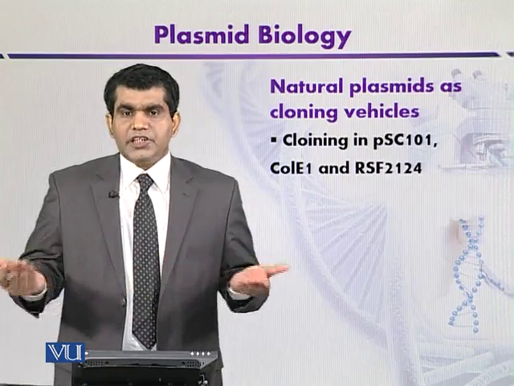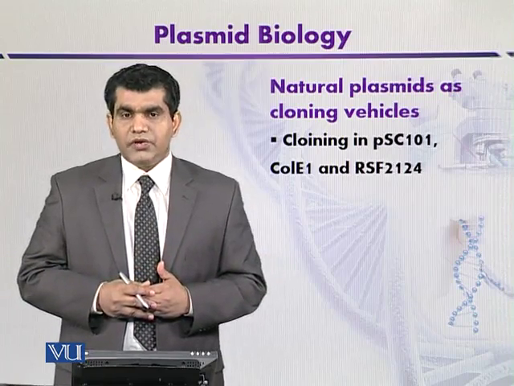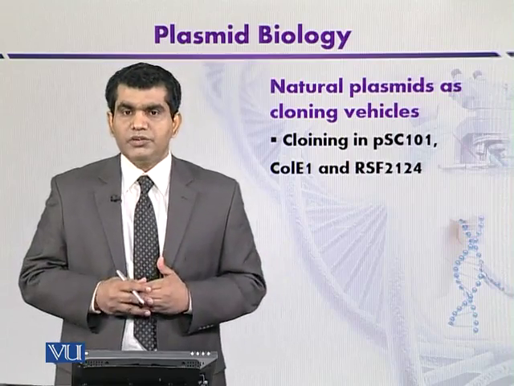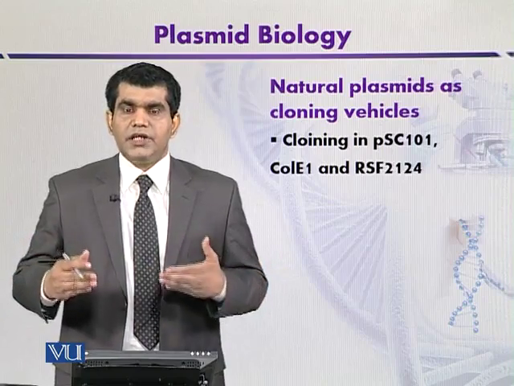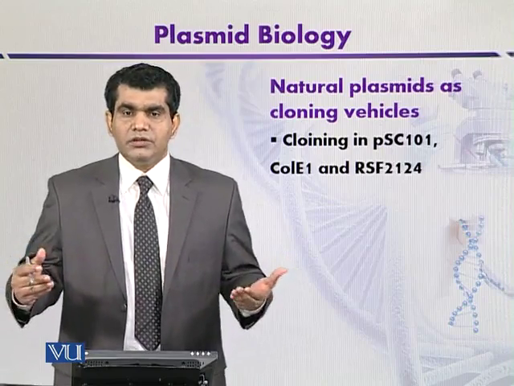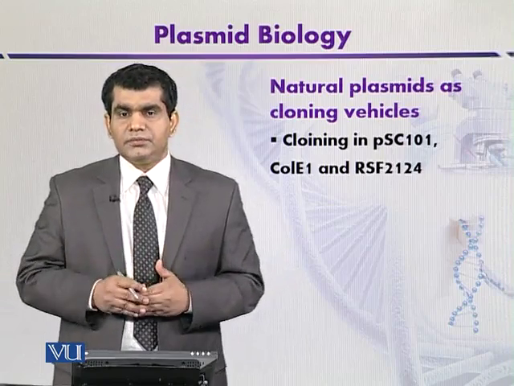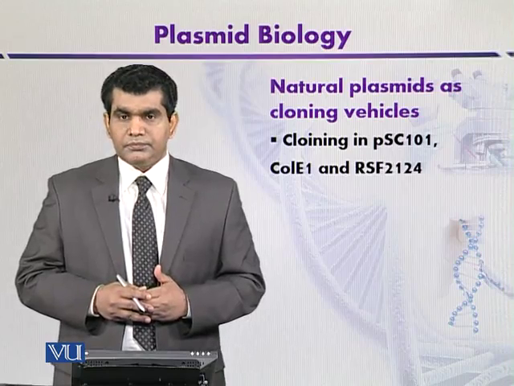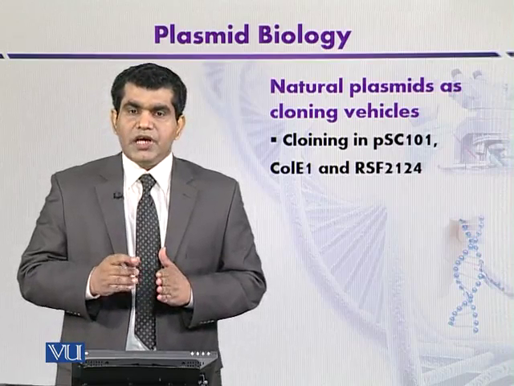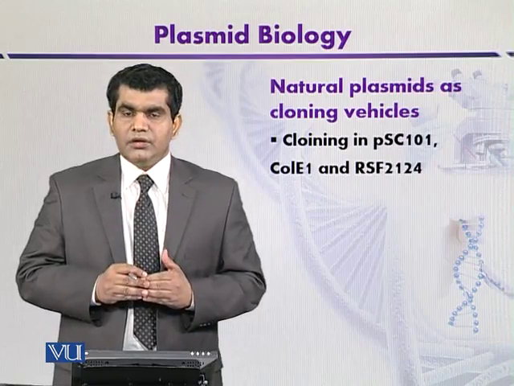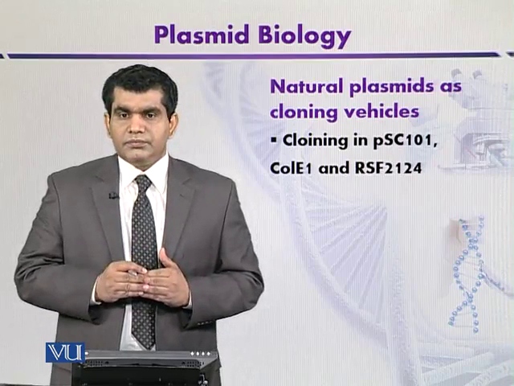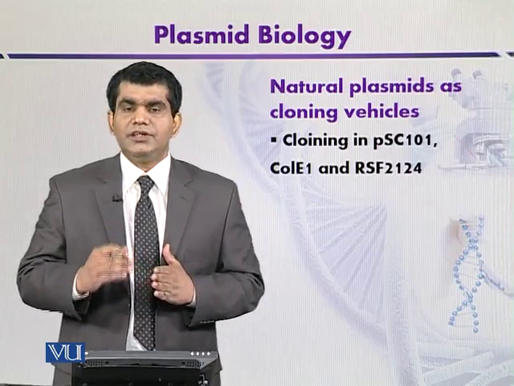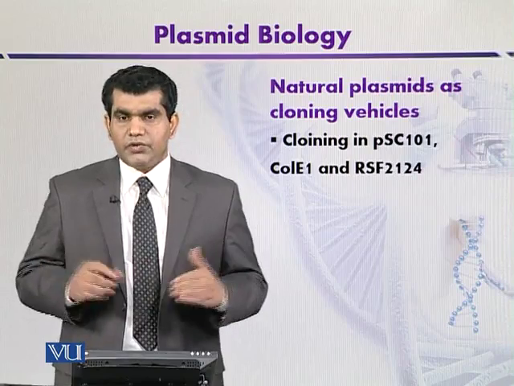Then the next plasmid, ColE1, can be used, and its use is relatively easy because it contains two genes, one that can mediate the production of colicin E1 and another gene that can mediate immunity against this antibiotic. Suppose we have inserted our gene in the region of colicin E1 that contains a single restriction site for EcoRI.